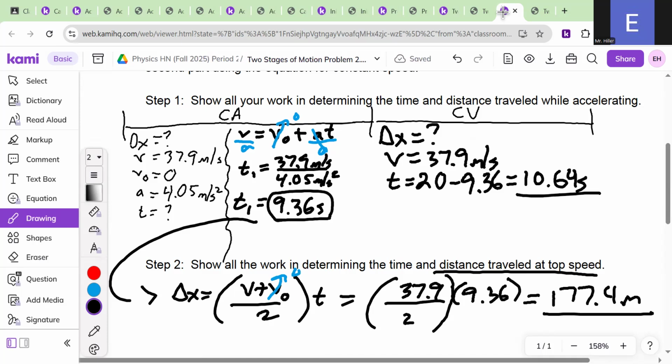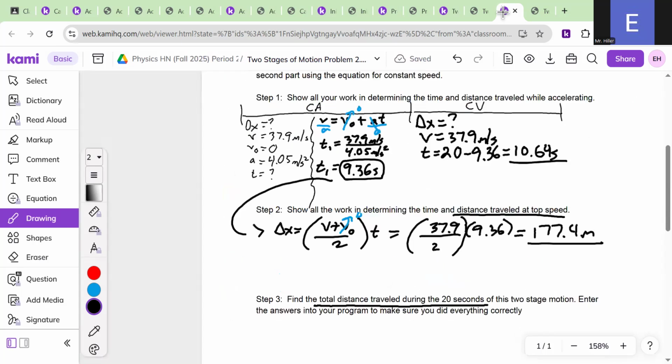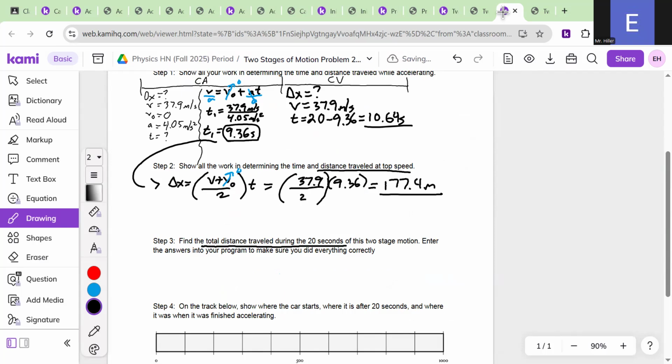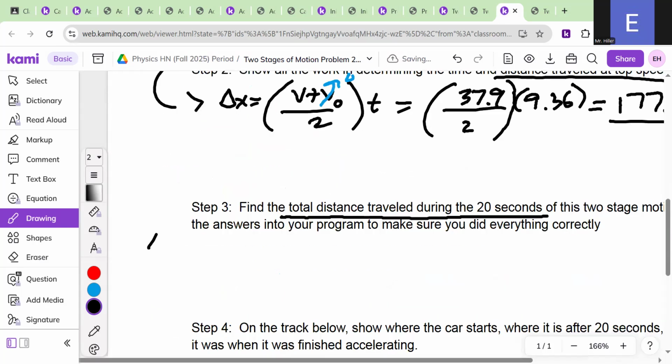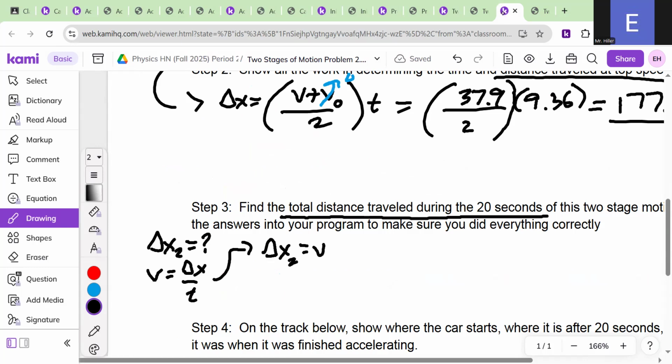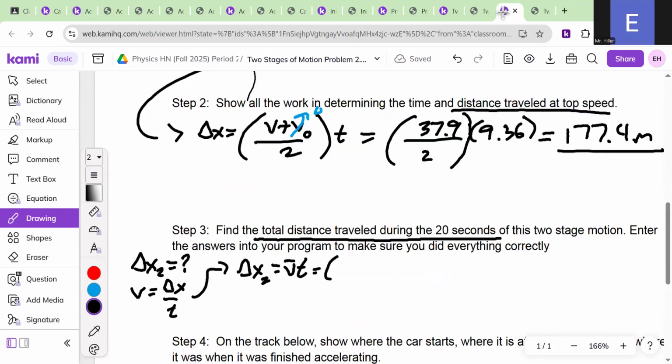Now, using that information, I can find the displacement for part 2. And it's v equals displacement over time. So if I multiply both sides by time, displacement for part 2 equals velocity times time. That would be your constant velocity times time.